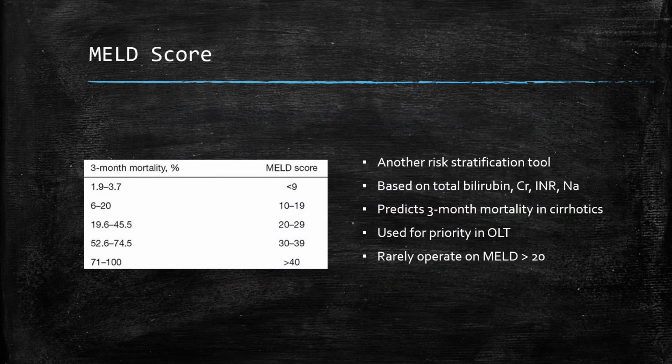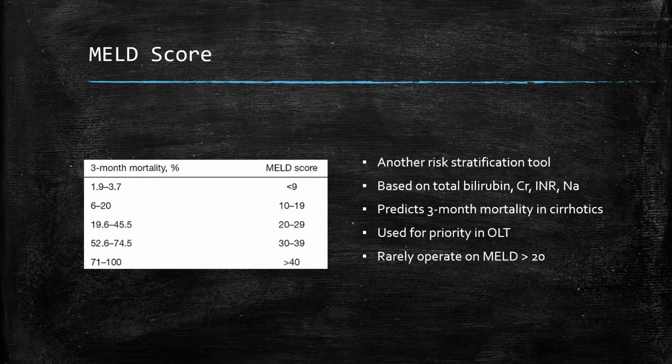The MELD score is the other common risk stratification tool that we use in general surgery. Initially, the MELD score was based on 3 measured lab values, total bilirubin, creatinine, and INR. But recently, a 4th value was added to the scoring system, serum sodium.